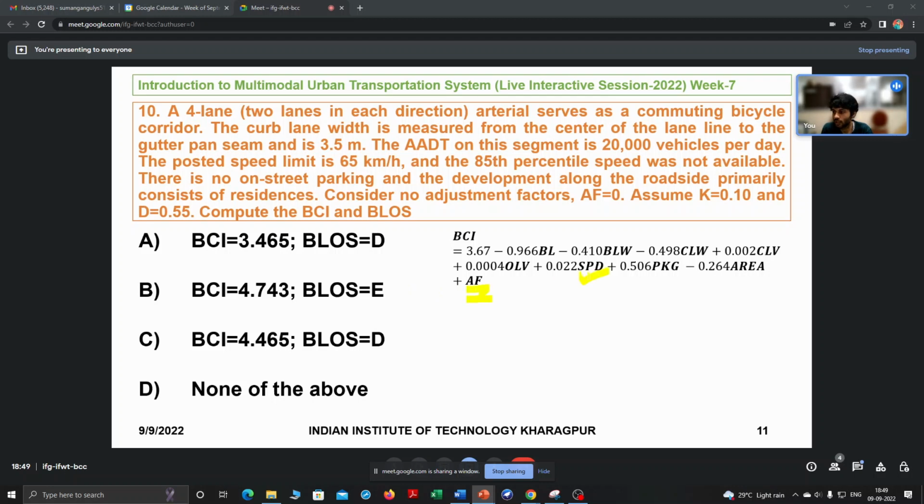So this is there, this is there, this is there, this is not there, these are the 0th elements. Now if you calculate, it will come out close to 3.7 or 3.8. So suppose this is your BCI.